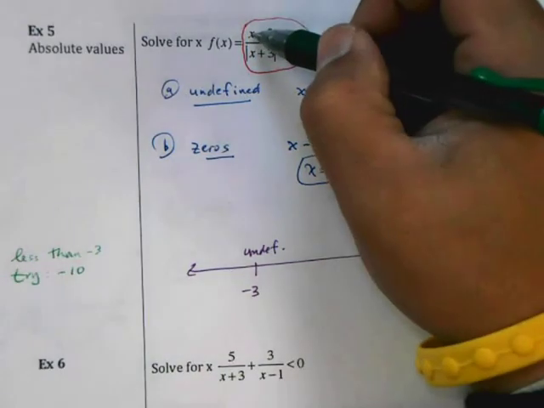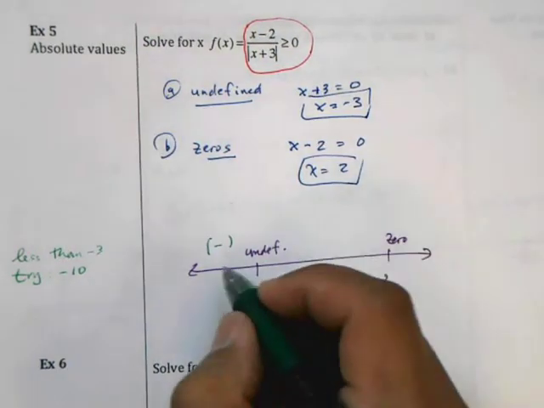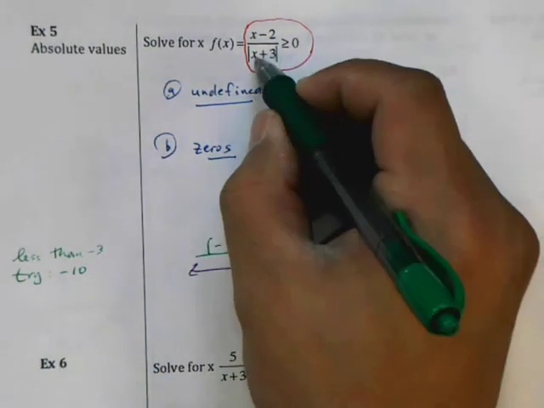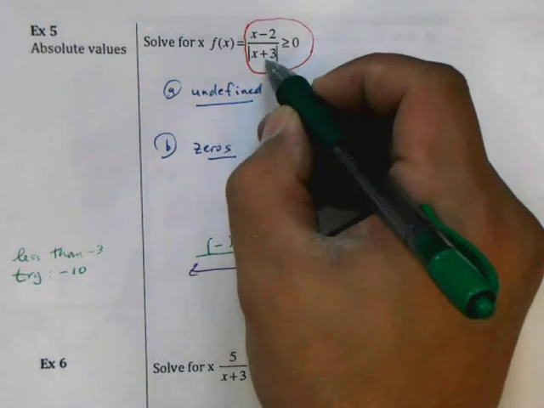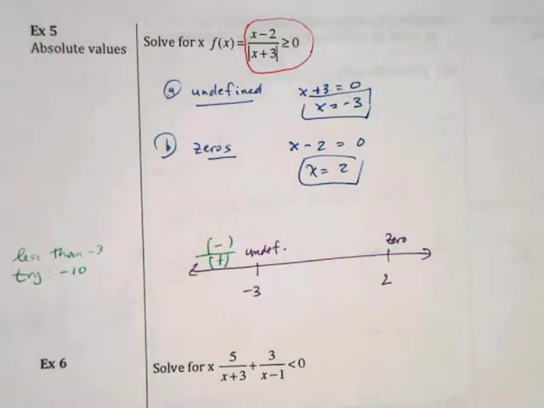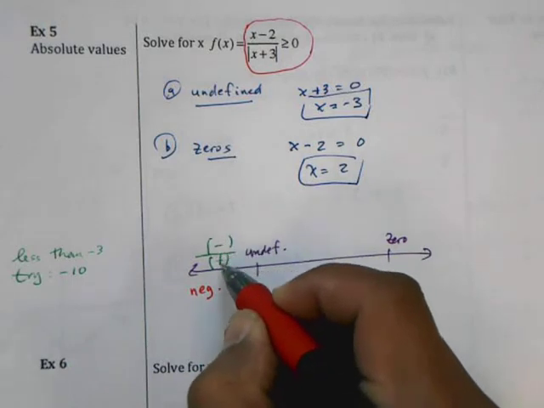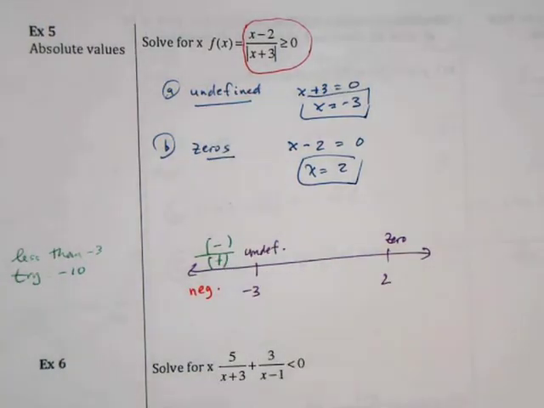If I put negative 10 into the numerator, I get a negative answer. If I put negative 10 into the denominator, it doesn't matter what I put in here because the absolute value is always going to make that denominator a positive number. So I know this is going to be negative. When I have a negative divided by a positive, it's going to be negative.